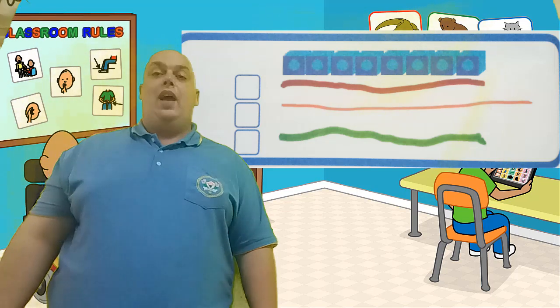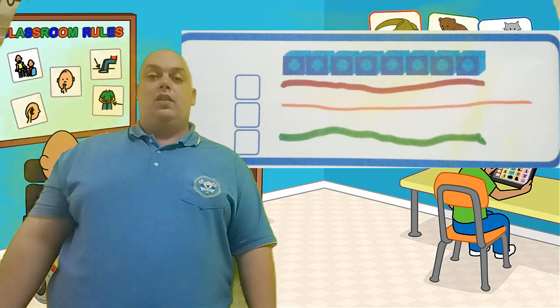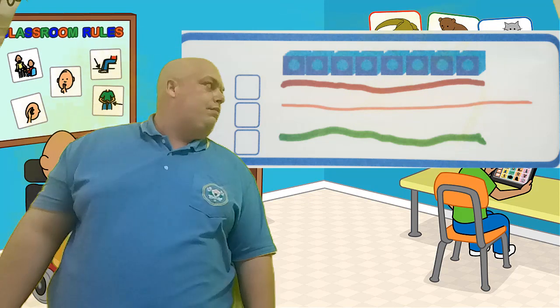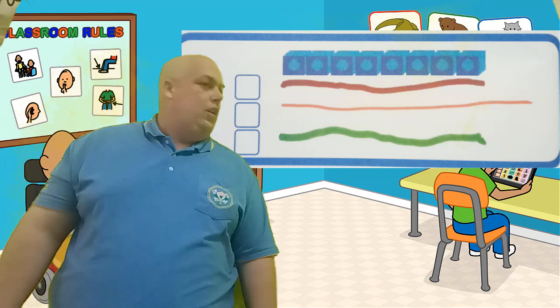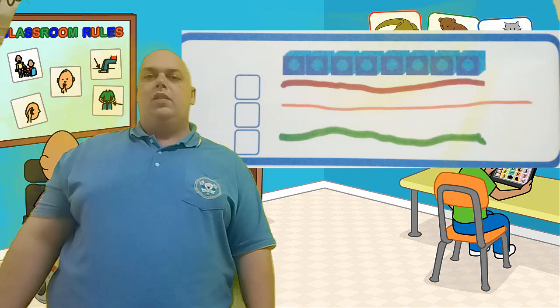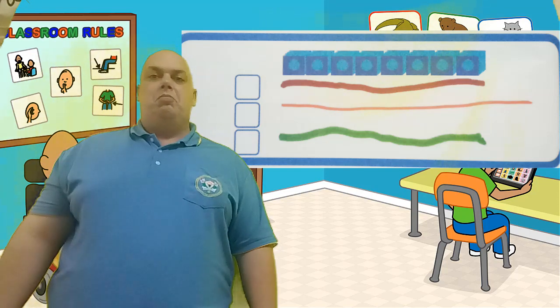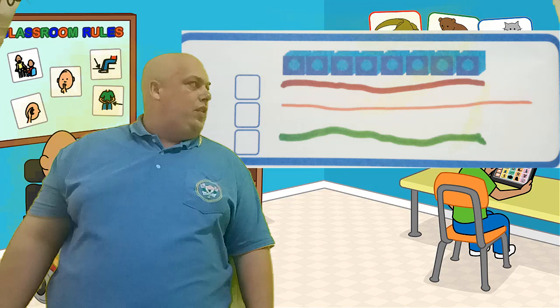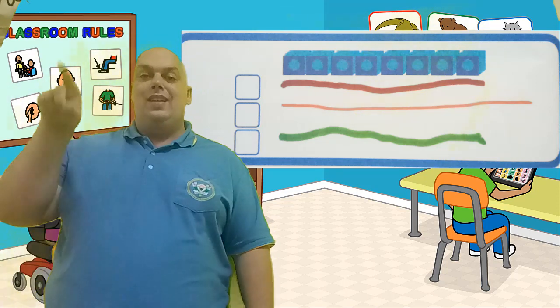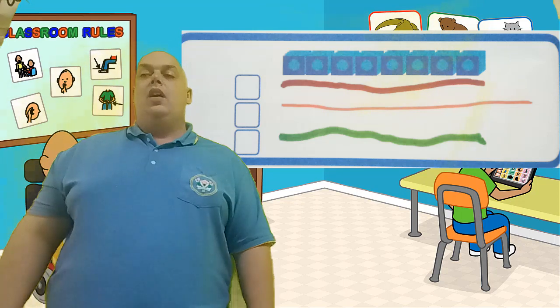Okay, so over here we have 8 blocks. Now, again, which one is shorter? Do you see any string that is shorter than a row of blocks? No, I don't think any of them is shorter. So this time we do not put any X. Okay, which one is the same?